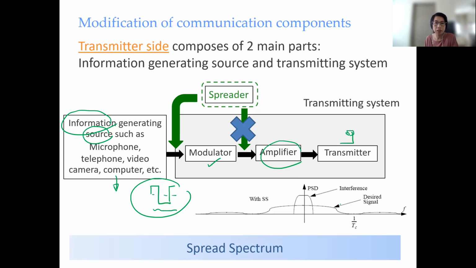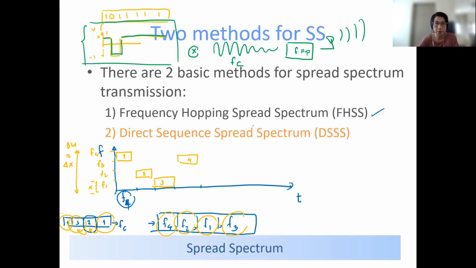But if you need to add the step of spreading the spectrum, you need one more block diagram, which is called the spreader. So where should it be? It depends on what technique you are going to use. So for this technique, I mean frequency hopping, you have a signal, you have modulated it already.